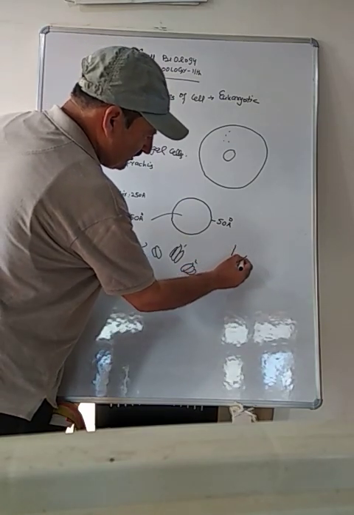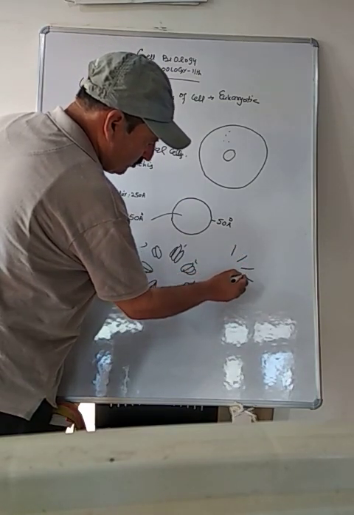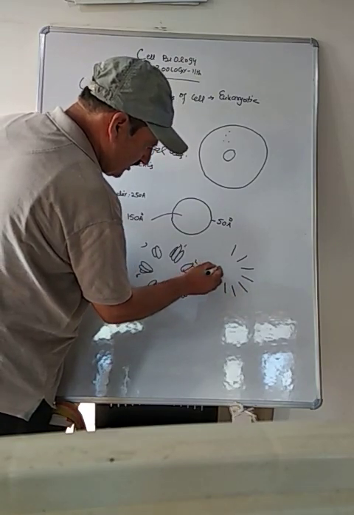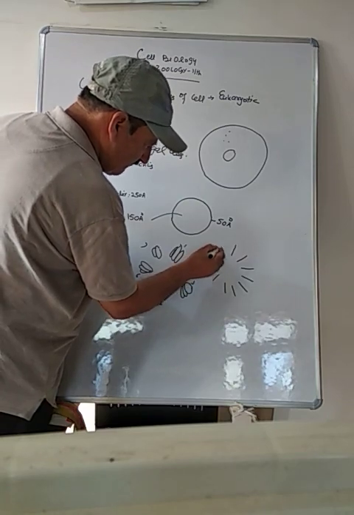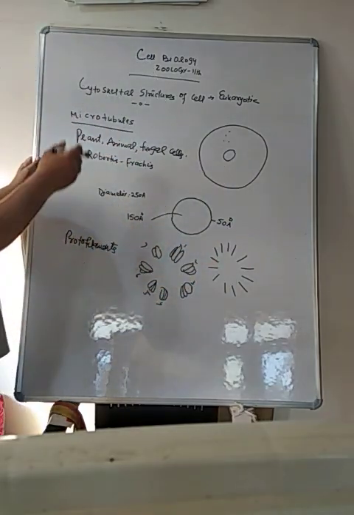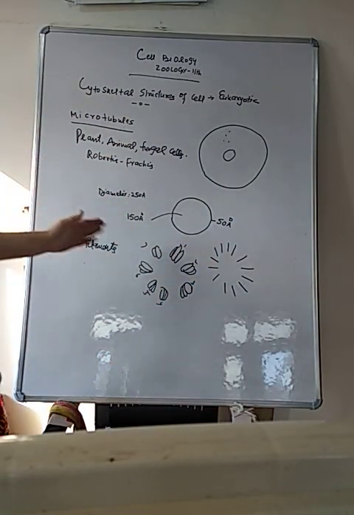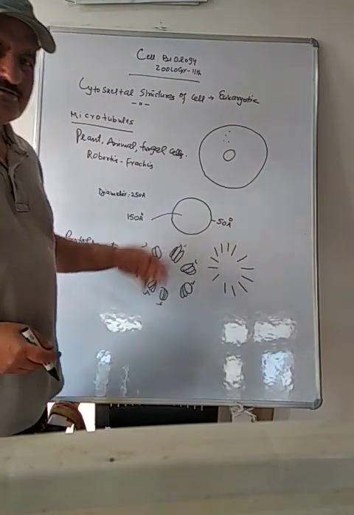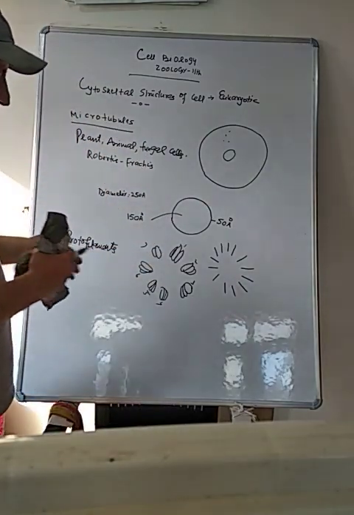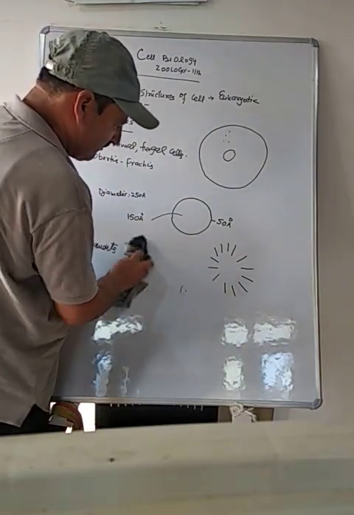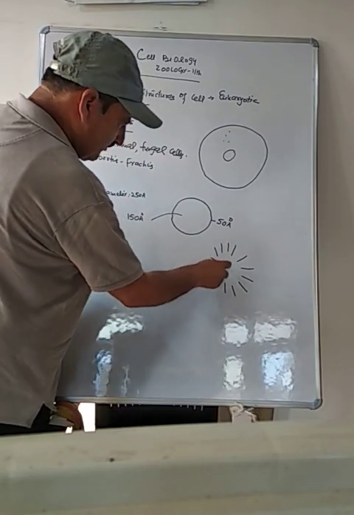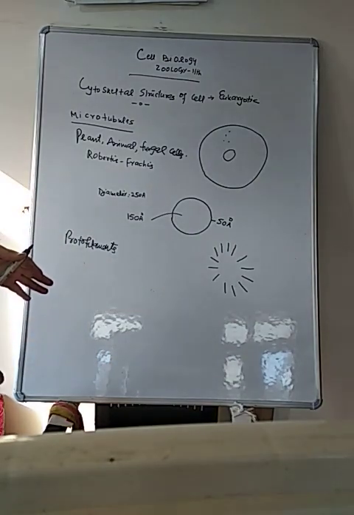This is one protofilament, 2, 3, 4, 5, 6, 7, 8, 9, 10, 11, 12 and 13. You arrange them in the form of a ring, and this is a microtubule. Let these matchsticks correspond to a protofilament. Here I have drawn a few, and these 13 protofilaments are arranged in the form of a circle, leaving the core blank. This core is blank, and it is called a microtubule.